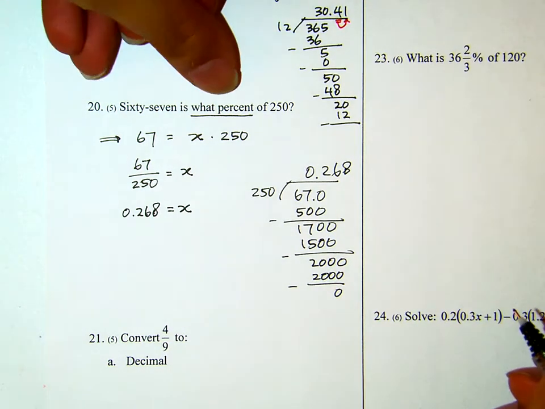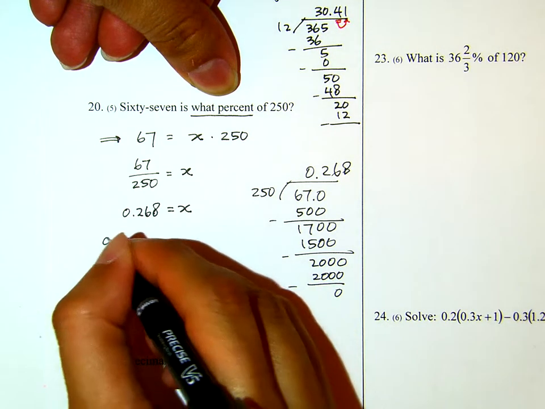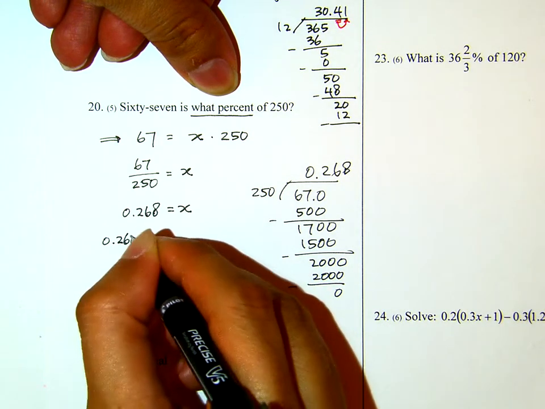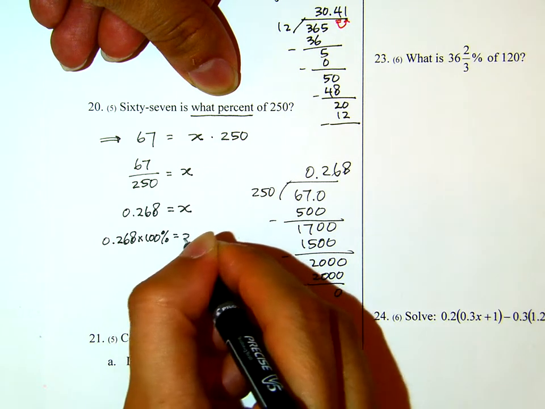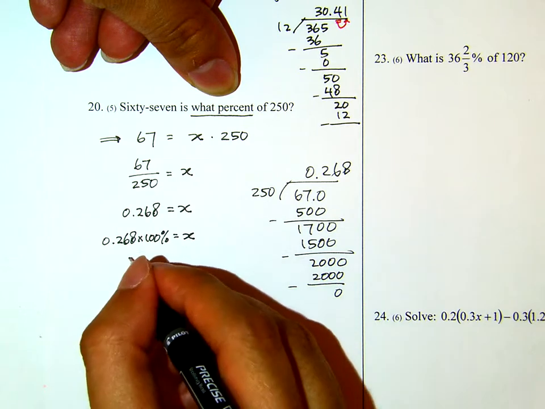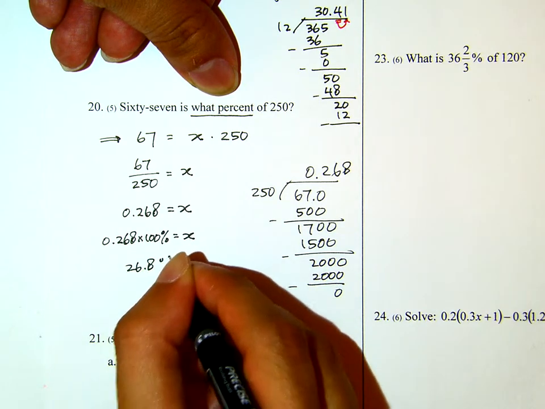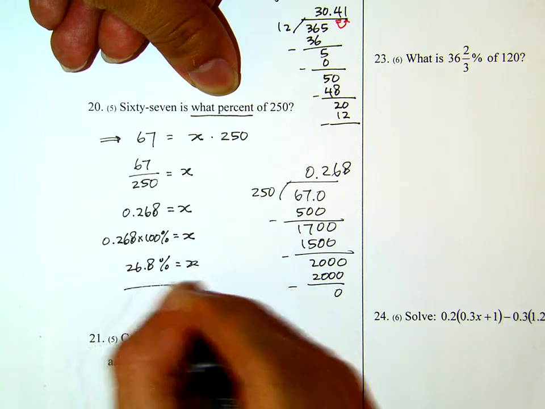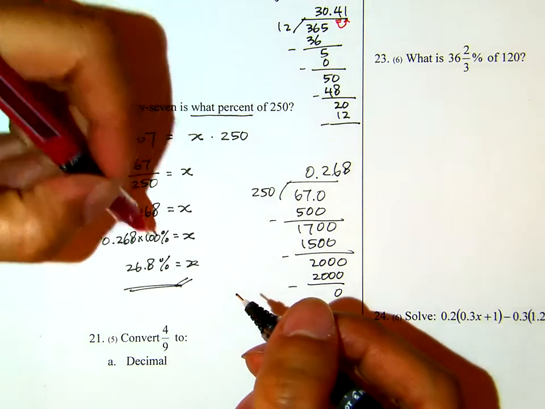But the question asks us to do it in percent. So what I will do next is convert the 0.268 into percent by multiplying by 100%. This will then be, if we move the decimal point, 26.8% equals x. Okay, now if you remember, we did it earlier. Let me do it again.